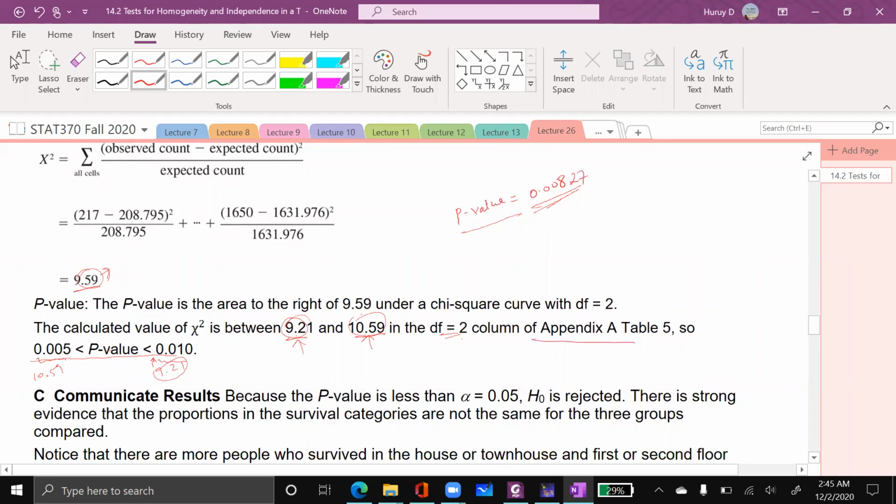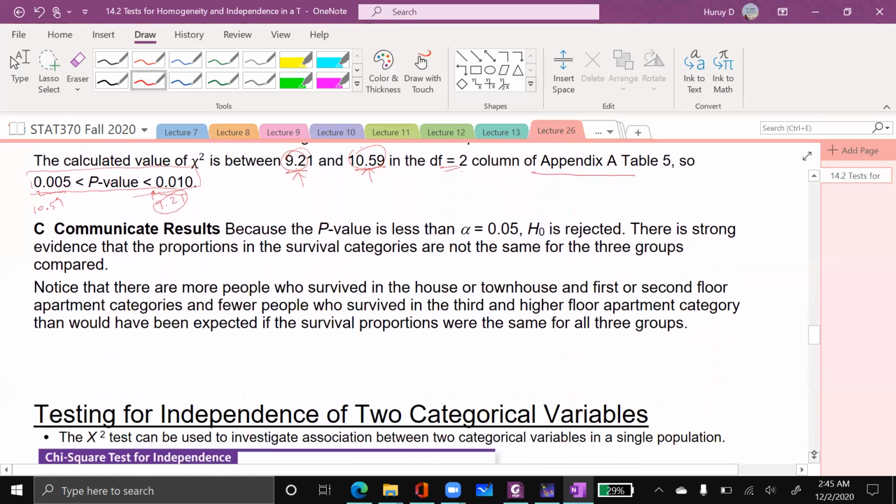Of course, when you do research, people may want to see your p-value, because instead of just telling them my p-value was too small, you have to show them that the p-value was actually small by writing it. But as long as you show the p-value is small, that's good enough. When you use technology, of course, it will give you the exact value, and if you have the exact value, you have to put that number.